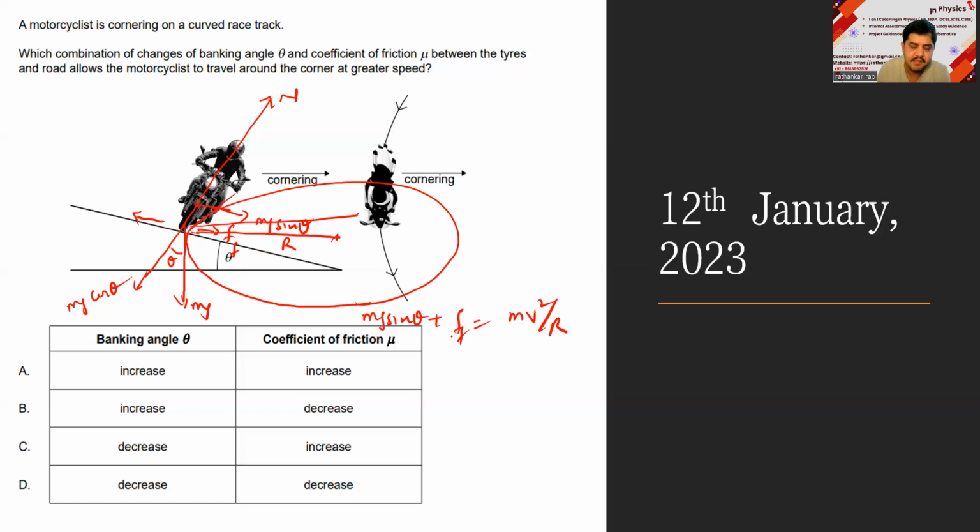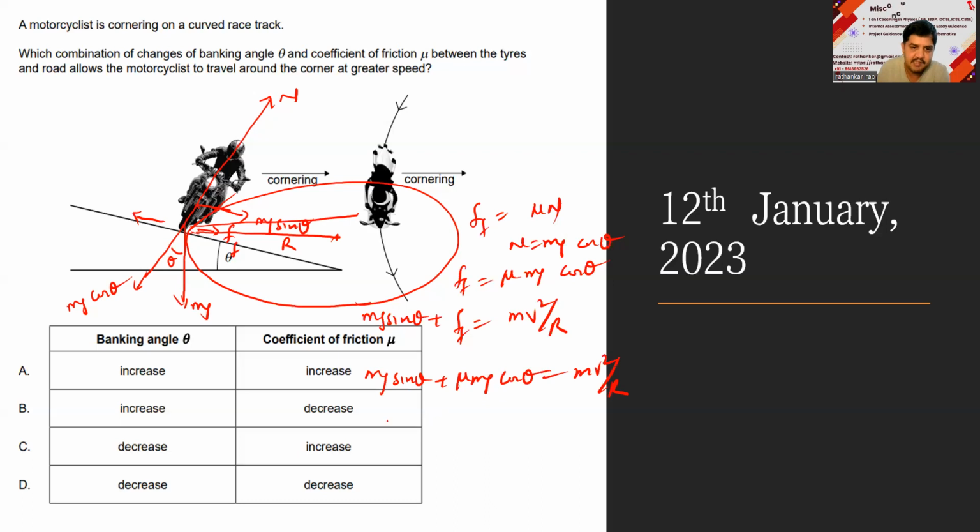Now what is this frictional force? Let me write it down here. Frictional force is equal to mu times N, because of sliding. What is N? N is nothing but mg cos theta. Thus frictional force is equal to mu times mg cos theta. Now let us write mg sin theta plus mu times mg cos theta is equal to mv square by r.